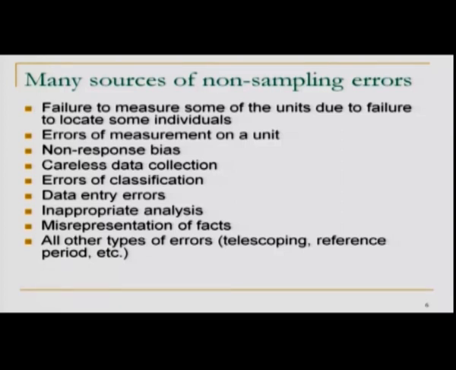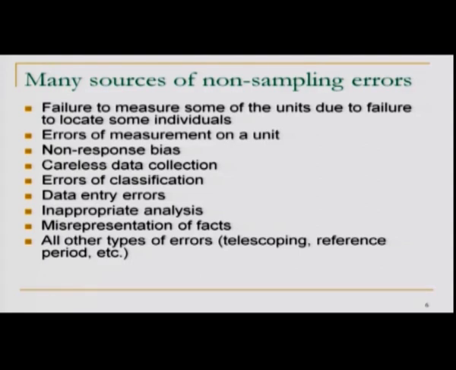There are many sources of non-sampling errors, and they include failure to measure some of the units due to failure to locate some individuals. And maybe the individuals whom you have failed to locate are not representative of the entire population. Maybe their characteristics differ from the characteristics of others who are included in the sample, and this problem will become a source of non-sampling error. Errors of measurement on a unit.